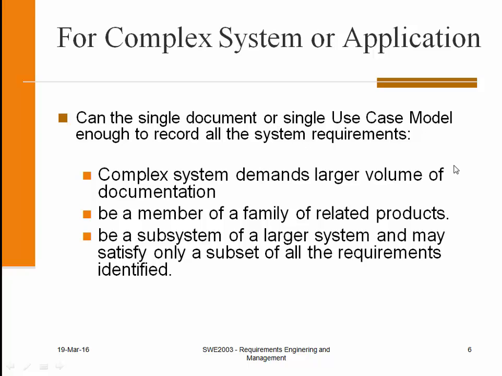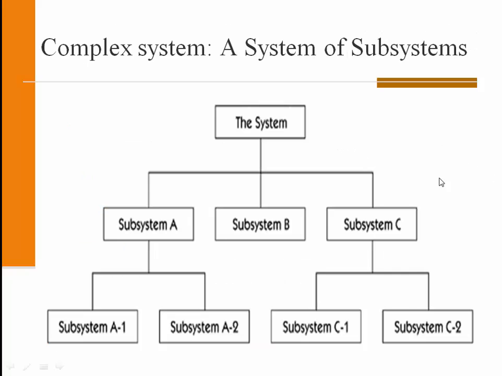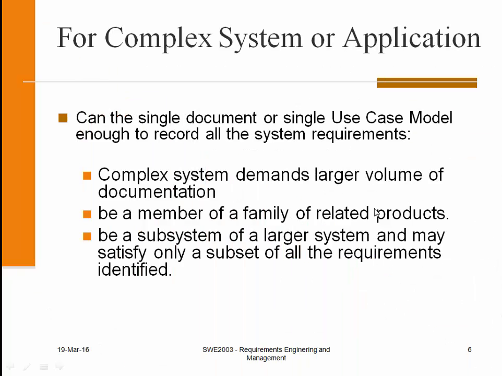Now, as we said, the small and medium projects can be easily organized in a single document called the requirements specification document. But this requirements specification document is not well suited for a complex system. Why? As you saw in the last slide, the design of the system is in a hierarchy or level way, containing many subsystems where each subsystem performs some specific task, and each task is defined with some requirement set.